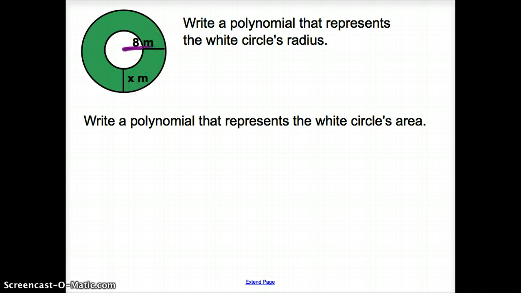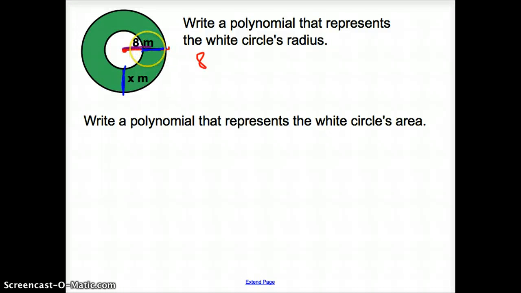Well, we do know that the whole line from here to here is 8. And then from outside the white circle to the edge of the green is x. So it makes sense to me that this 8, if I take away that x, right, I'll be left with the radius of the white circle.